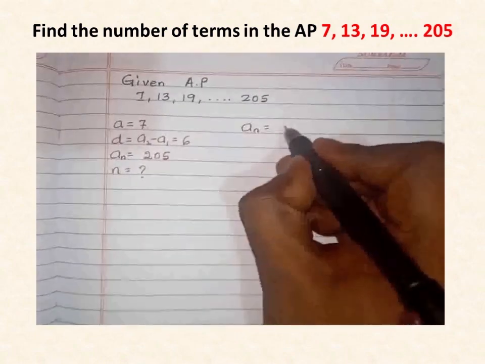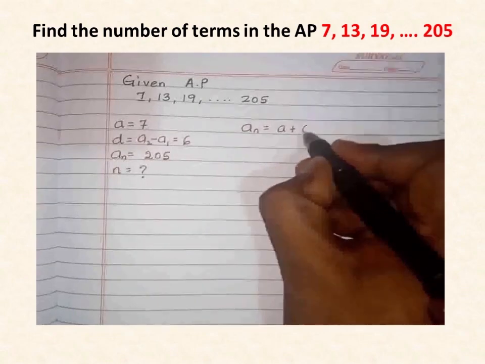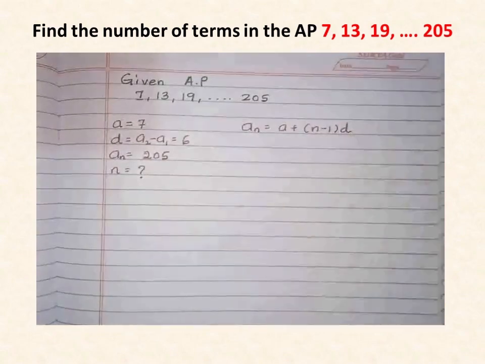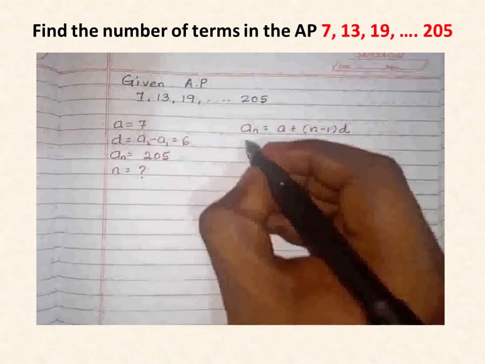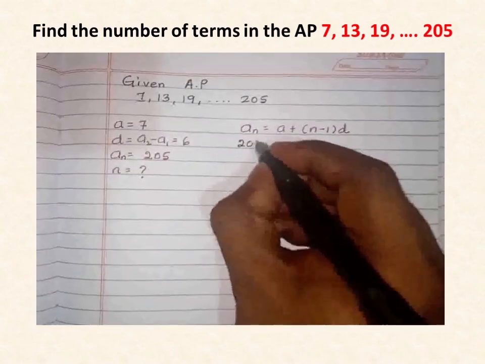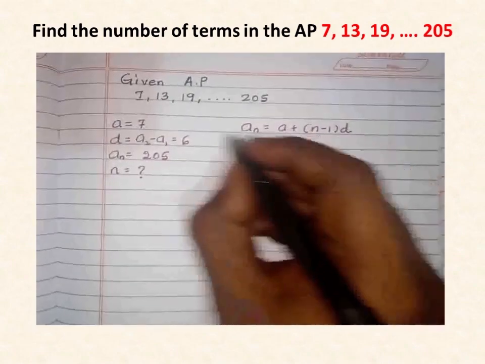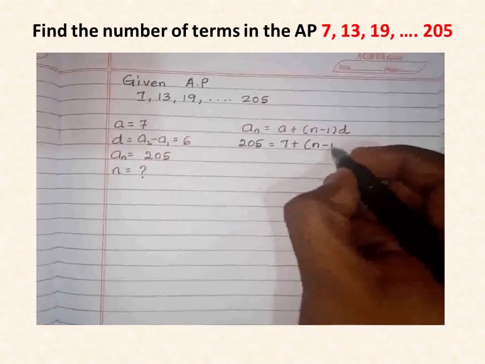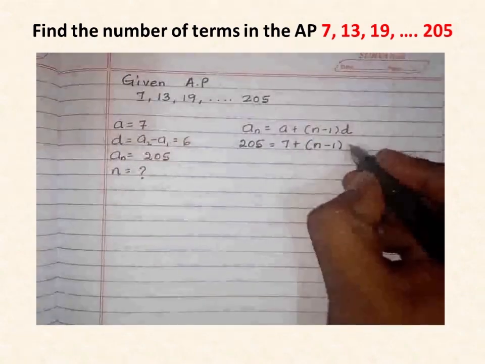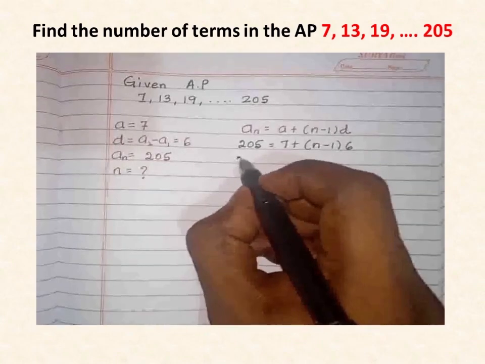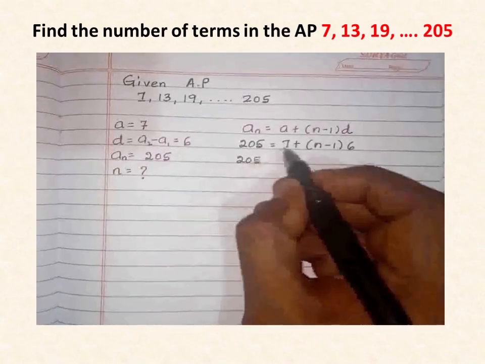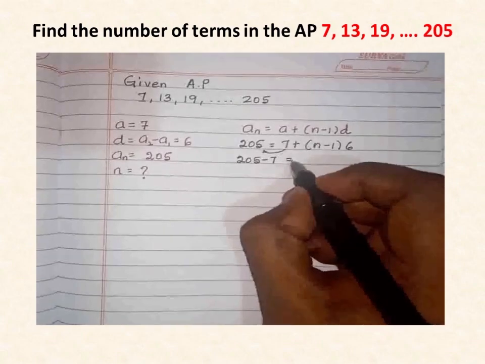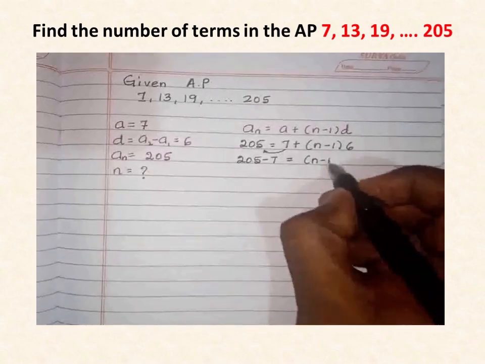An equals A plus n minus 1 times D. Now substitute the value of An, that is 205, and value of A is 7 plus n minus 1, as it is, into D is 6. Now shift the value of plus 7 to LHS, it becomes minus 7 equals n minus 1 times 6.